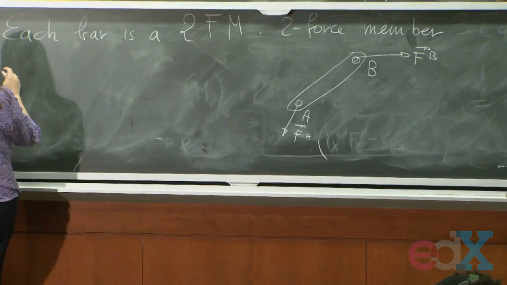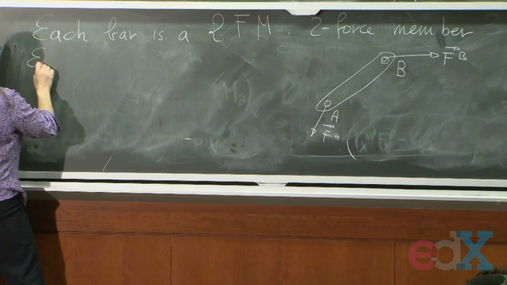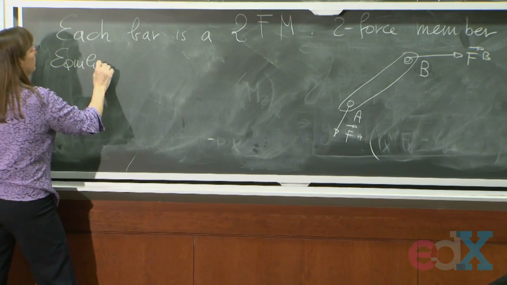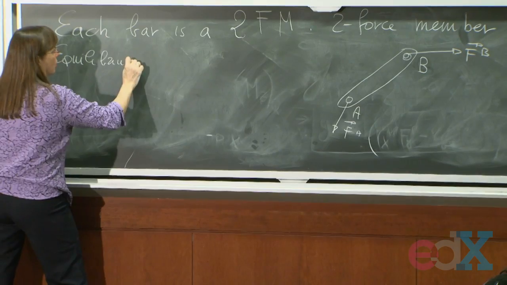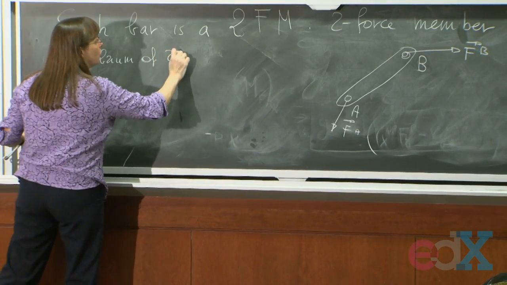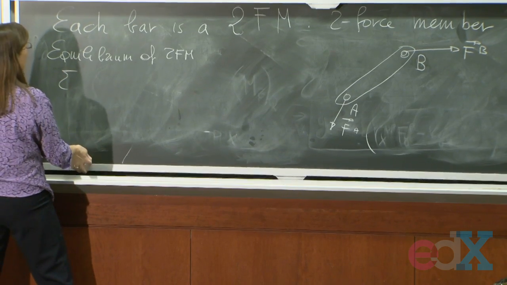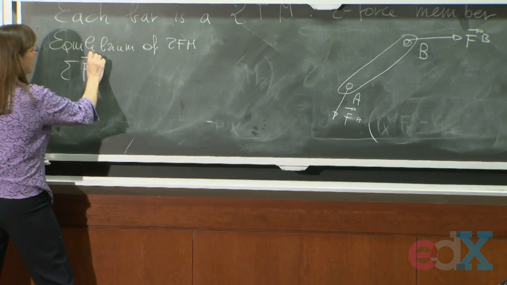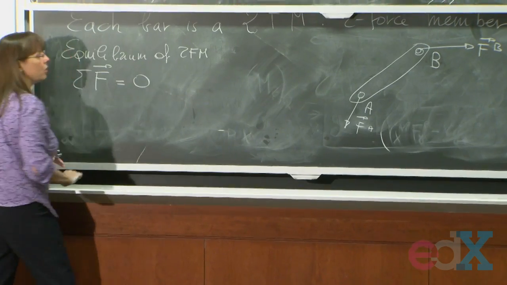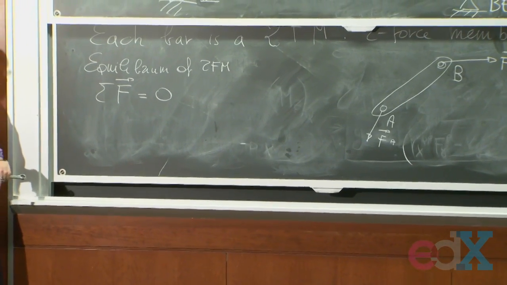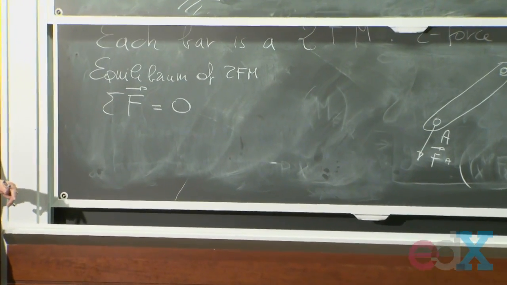Now, in order for this to be in equilibrium, my two-force member needs the sum of the forces to be 0. Right? Otherwise, this bar is not going to be in equilibrium.